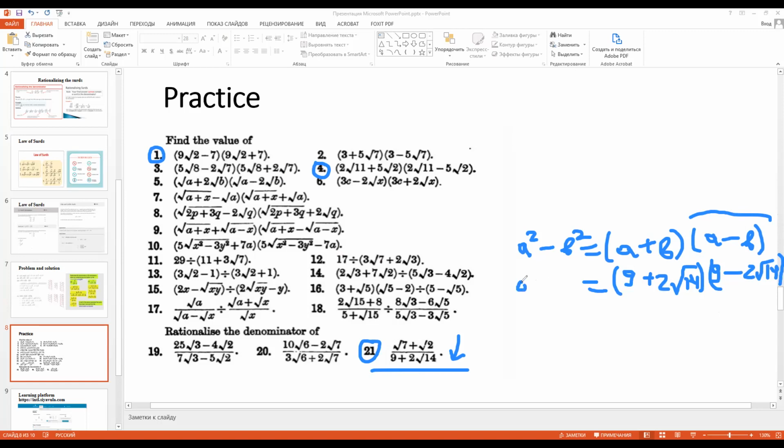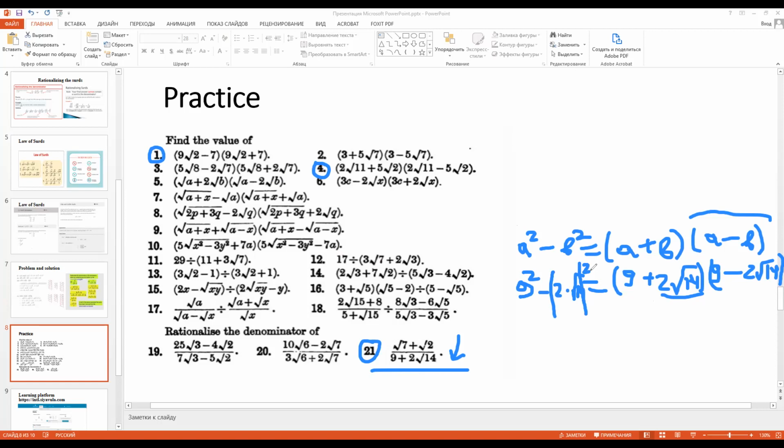I mean the 9 square minus this one b. So this one is b, 2 multiply on the square root 14. This is the square.